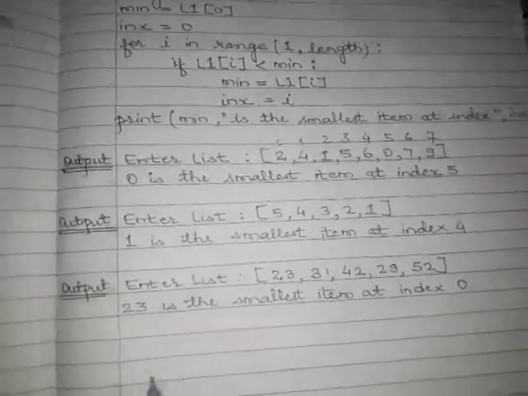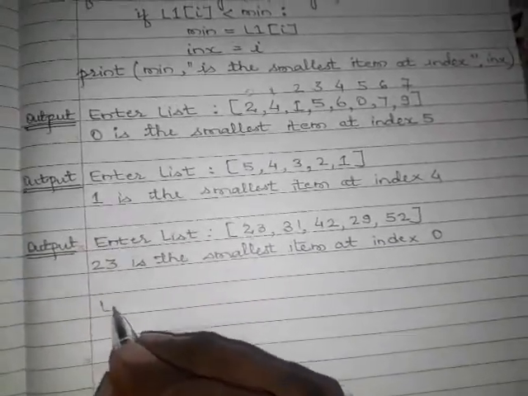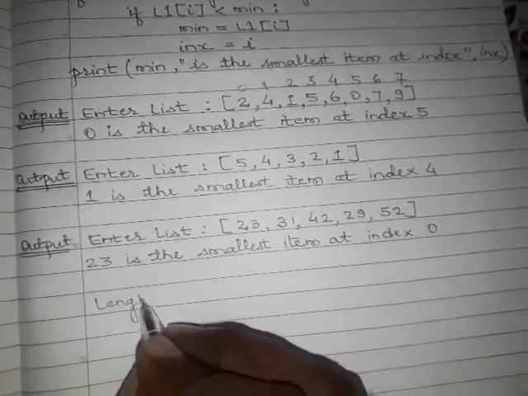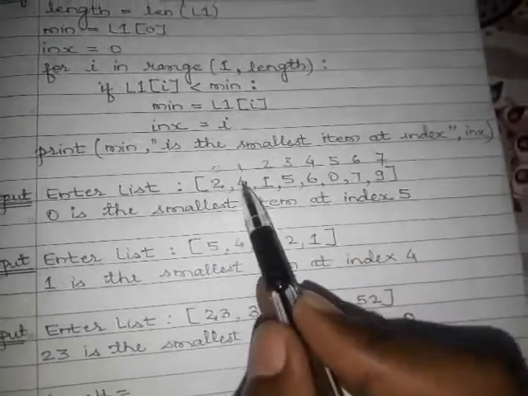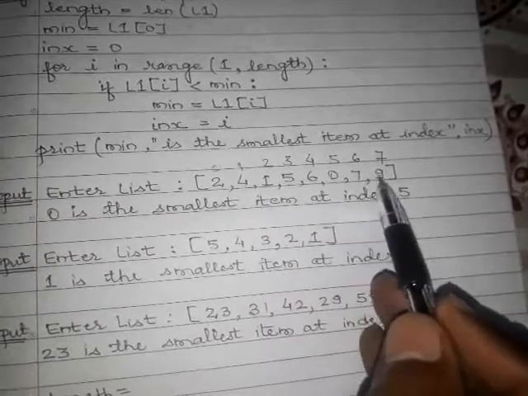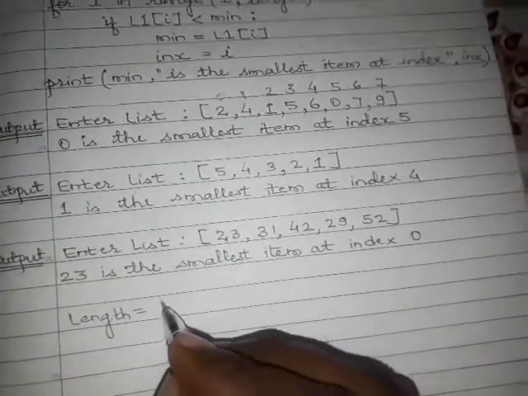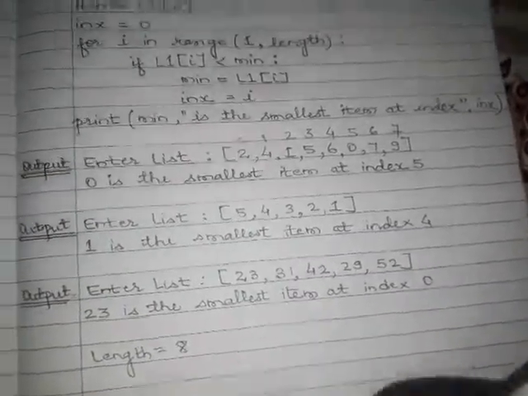Let's see how this program will run. The length of the list is 1 2 3 4 5 6 7 8, so the length of the list is 8. There are 8 elements in the list.